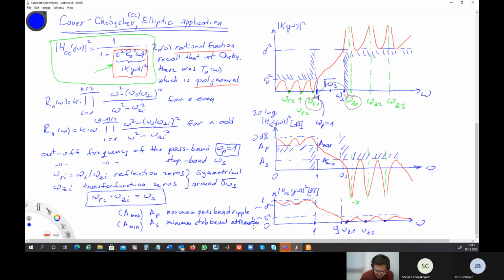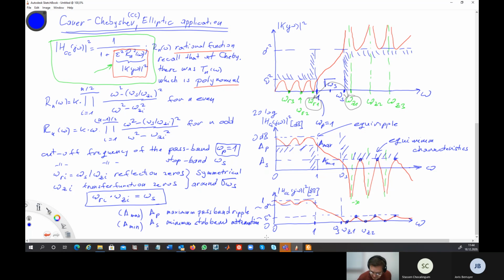Okay. Then we see these maximums here, they are all the same. So we call this equiminimum characteristics here. Here it's equiripple and so on.